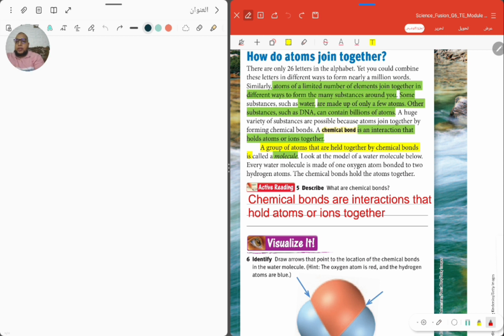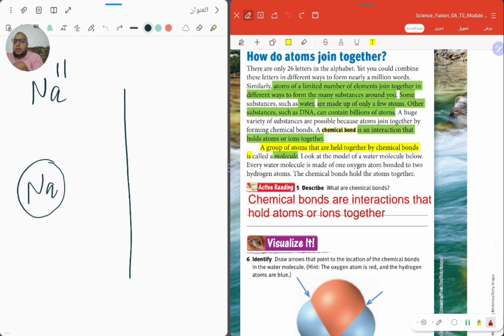First, let's take an example. Sodium. I always take sodium because I want you to know this example and to know the different questions which I can bring in the same way. Na has 11 electrons. So when I make the distribution for these electrons, I will put Na in the middle. The first energy level will take 2 electrons.